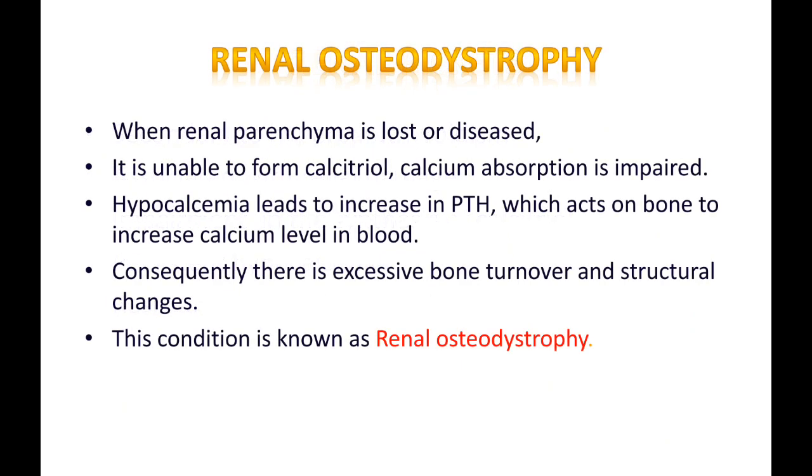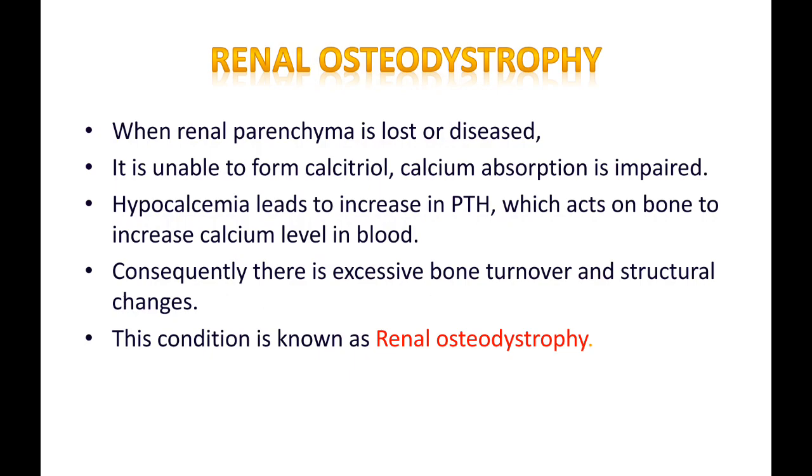So renal osteodystrophy is another rickets where renal parenchyma is lost, that is, renal tissue, kidney tissue is lost or diseased. It is unable to form calcitriol, the active form of vitamin D, and that ultimately decreases calcium absorption.